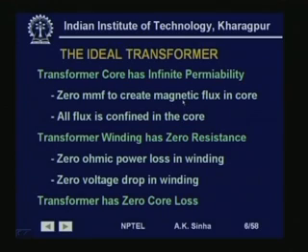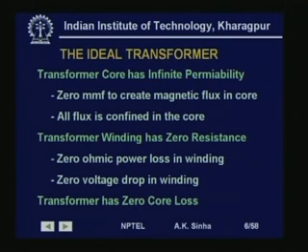Since the core has infinite permeability, all the flux will try to reside inside the core. It will not go out where the permeability is lower, and so the reluctance to the flux path is going to be higher.